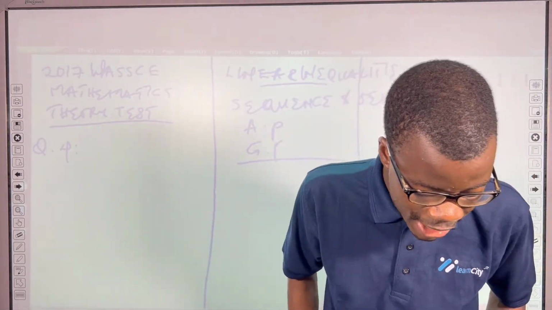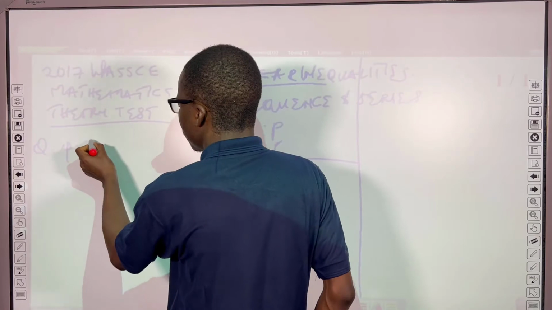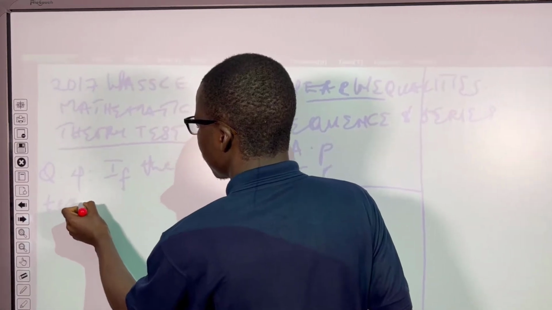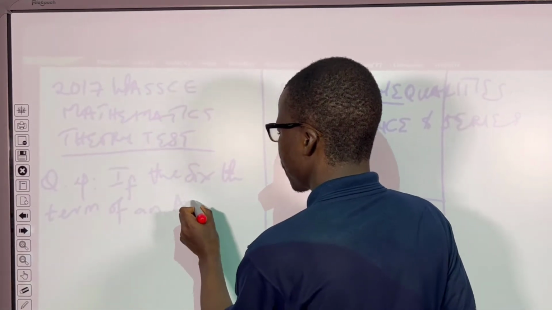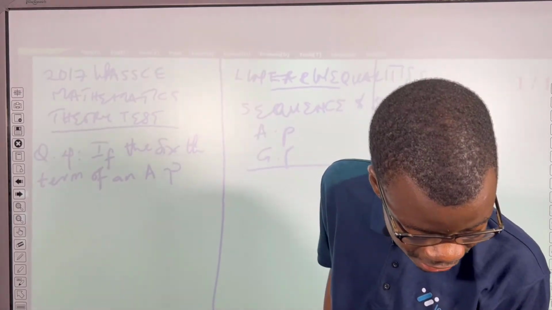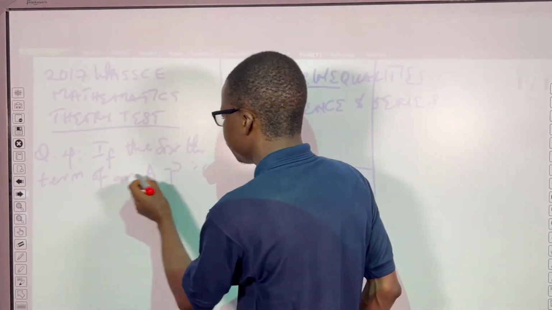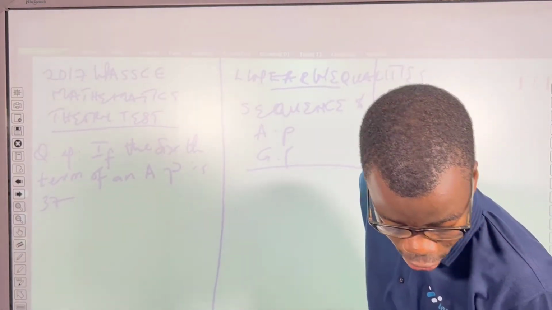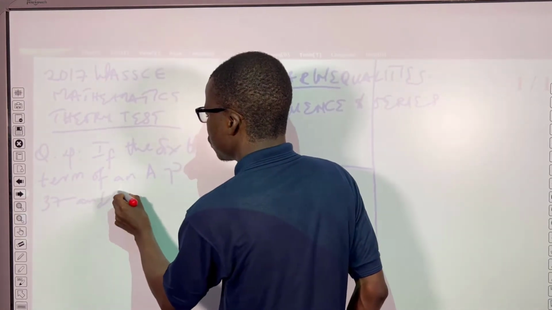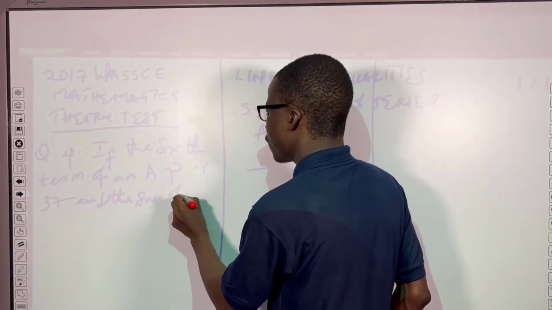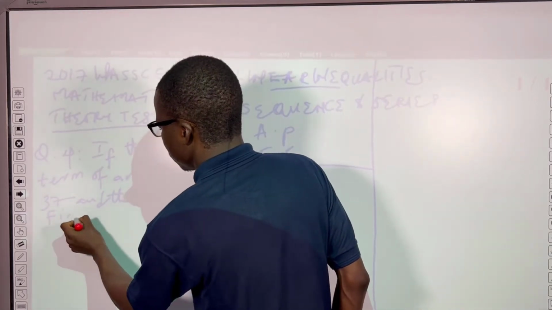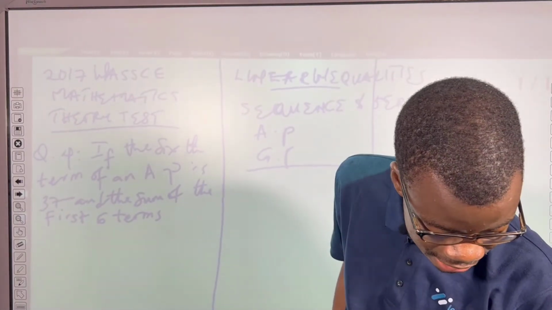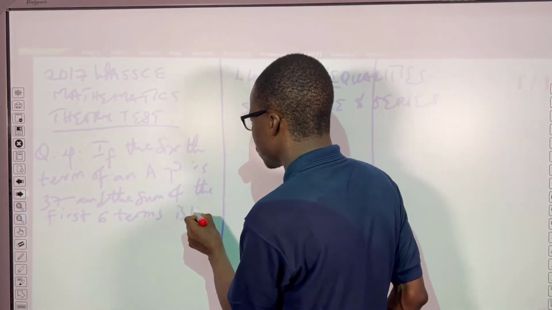The question says, if the sixth term of an arithmetic progression is 37, and the sum of the first 6 terms is 147.